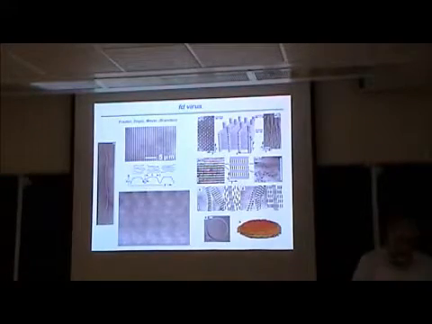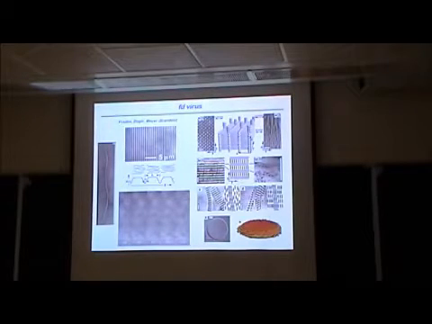Okay. So now we're transitioning into our bio-related topics. We start with an example of how you can use biological systems to do liquid crystal physics, not doing the liquid crystal physics of biological systems.